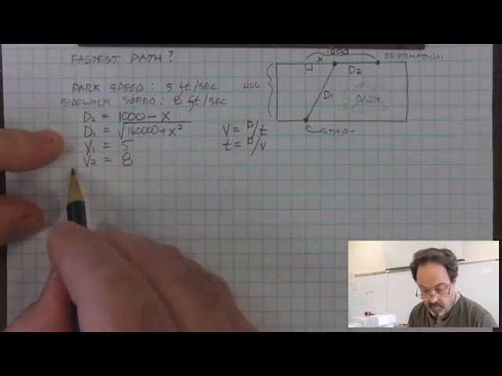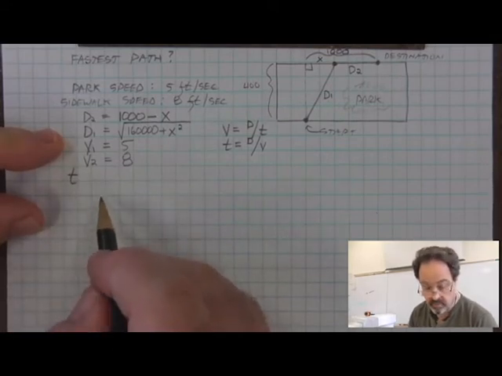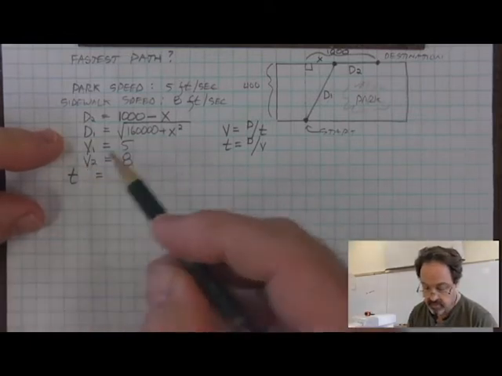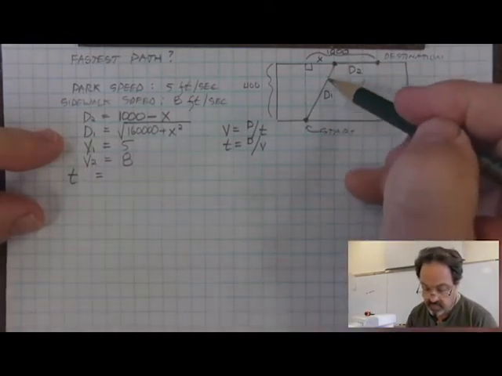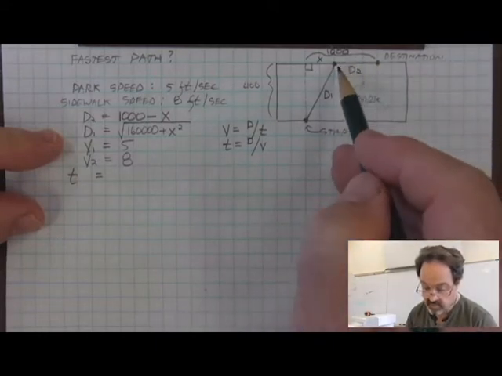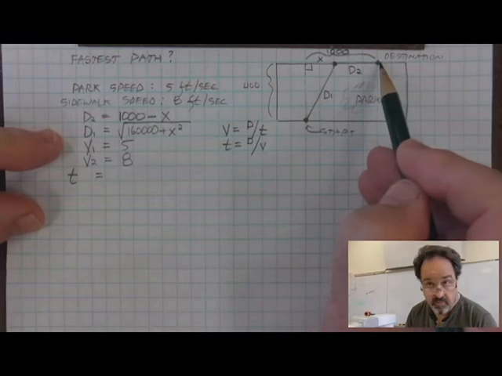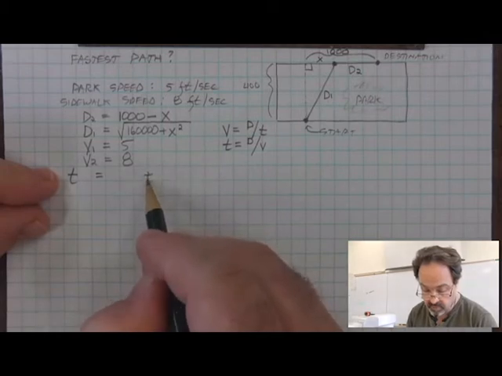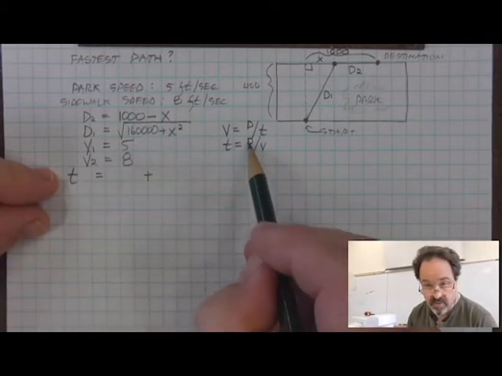So the function that I'm going to minimize will be time. The time it takes to travel this distance at park velocity plus the time it takes to travel this distance at sidewalk velocity. Or time is equal to the sum of the d over v's.